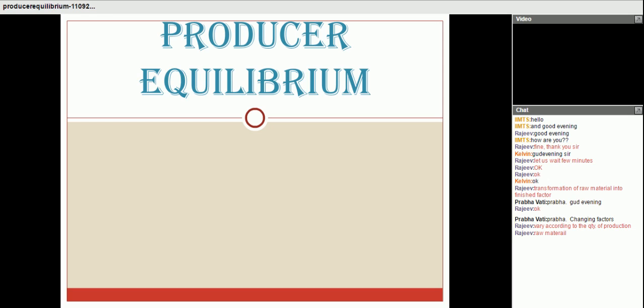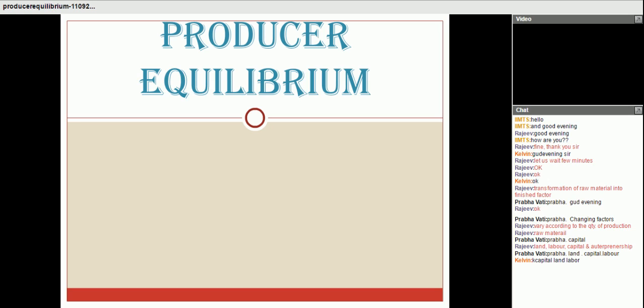Rajiv, can you first tell me the 4 factors of production? Prabha, Kelvin, can you just tell me the 4 factors of production, or rather 3, if you can name them? Yeah, land, labor, capital.